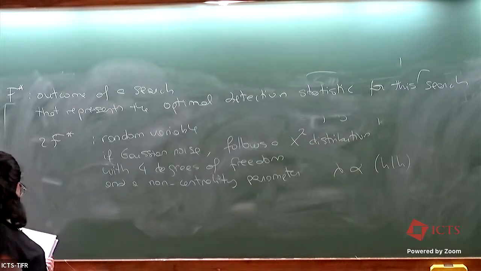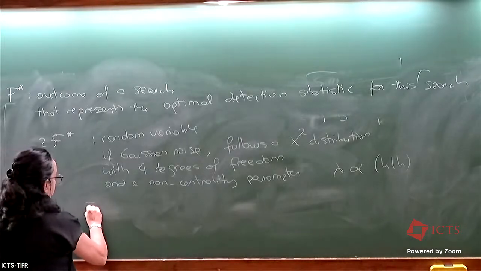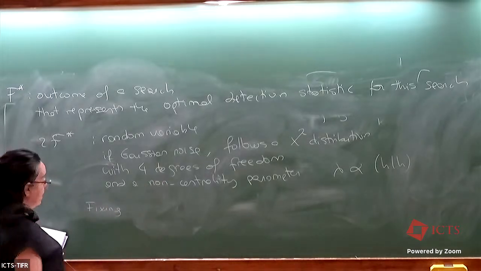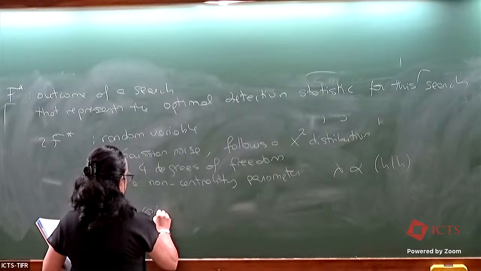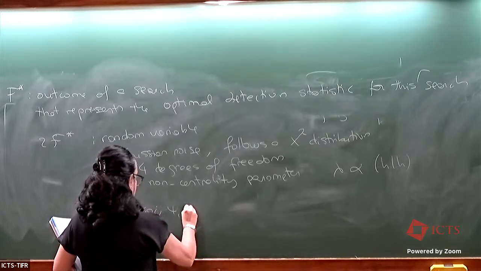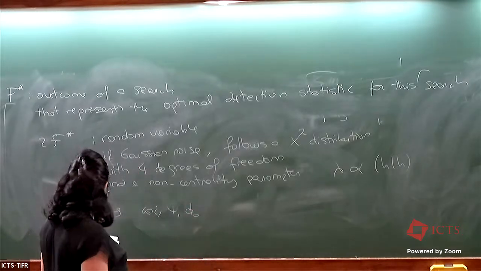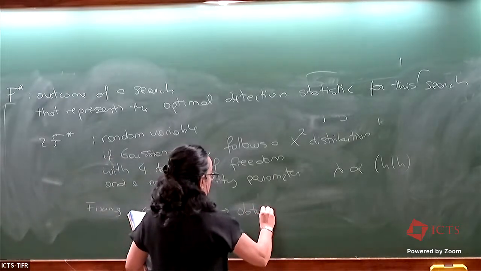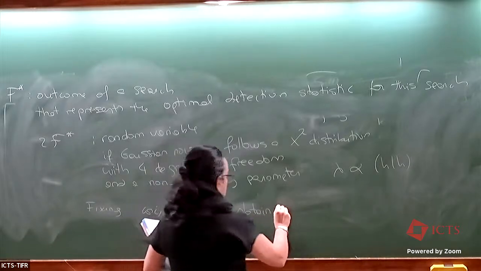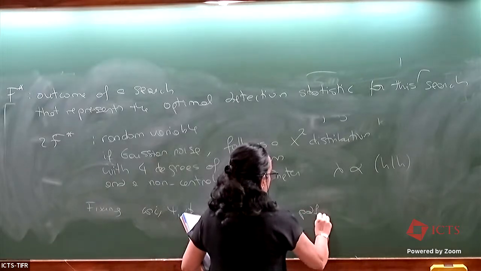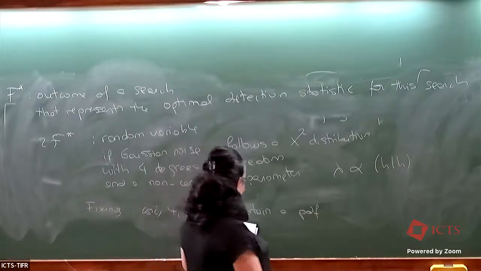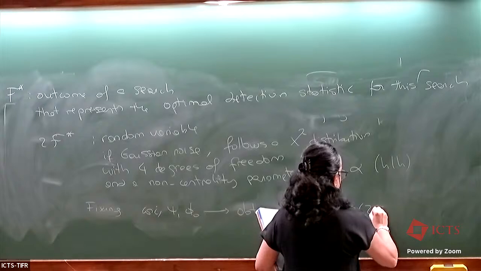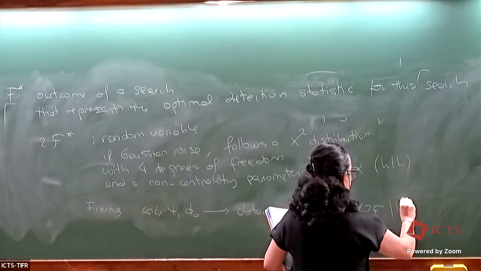In this case, if we will be fixing all the other parameters, we will be fixing cos iota, phi, and phi 0, then we could obtain a probability distribution function of 2F for a certain h0 value.